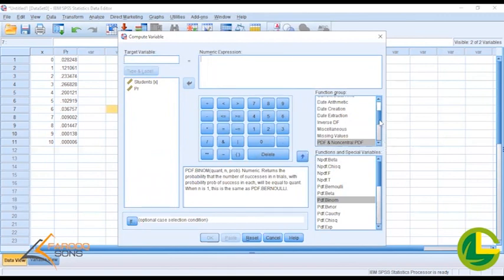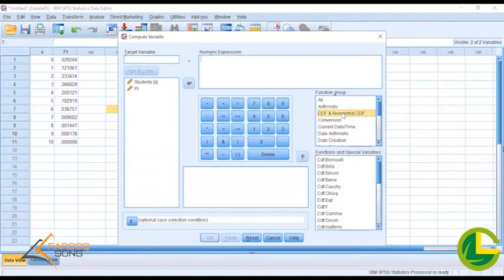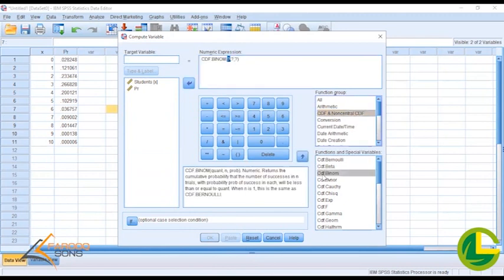Now come to CDF non-central, because it will give you the cumulative probability. So come on CDF; now it becomes CDF, appearing in the bottom window, and then CDF by norm. Double click it, then you can see it's the same window appearing here, but right now it is CDF; there was a PDF, PDF converted.